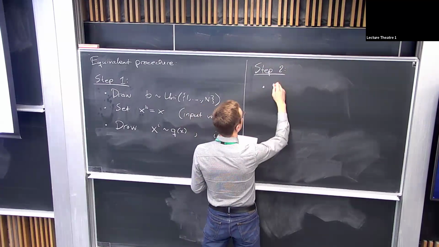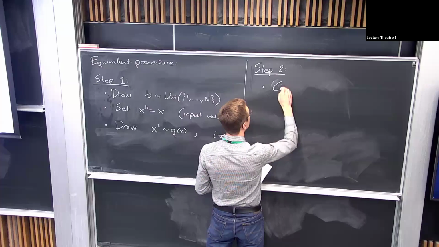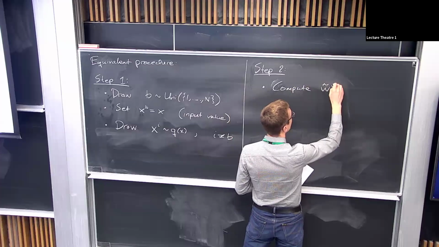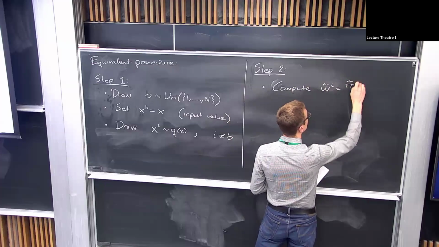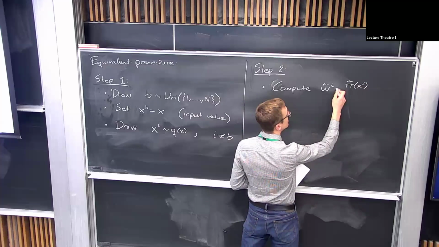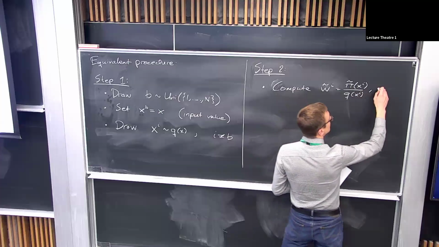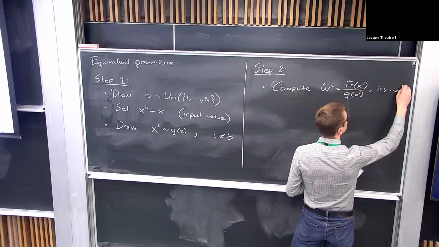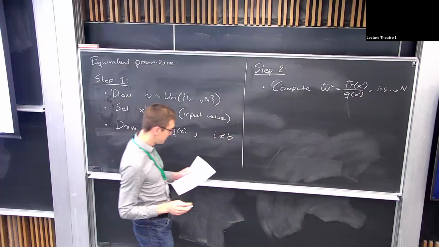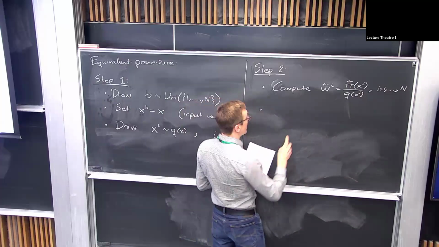We just continue, and then we compute the importance weight, so it'll be w tilde i, which is equal to the unnormalized target, divided by proposal. And that's done for all the particles, including the conditional one. And normalize.